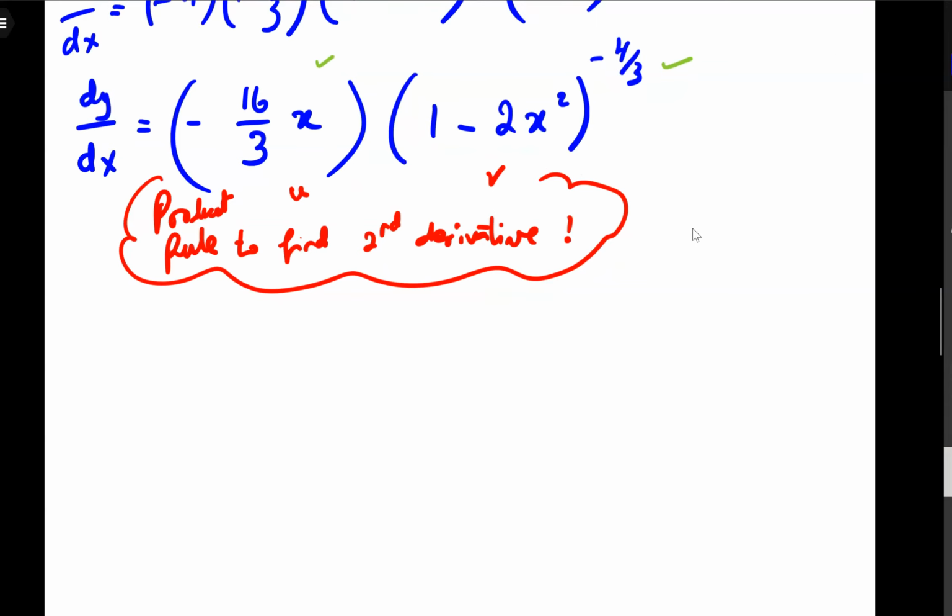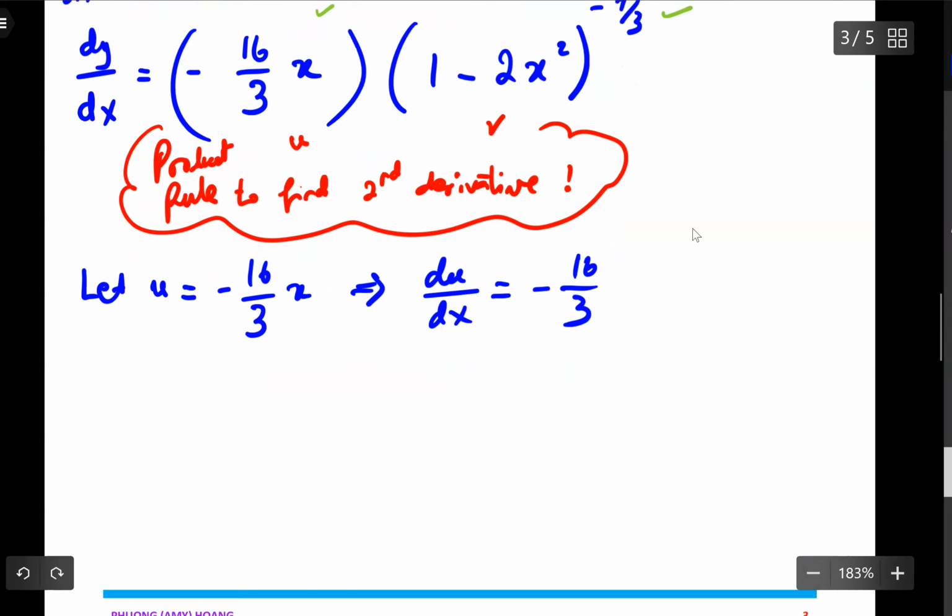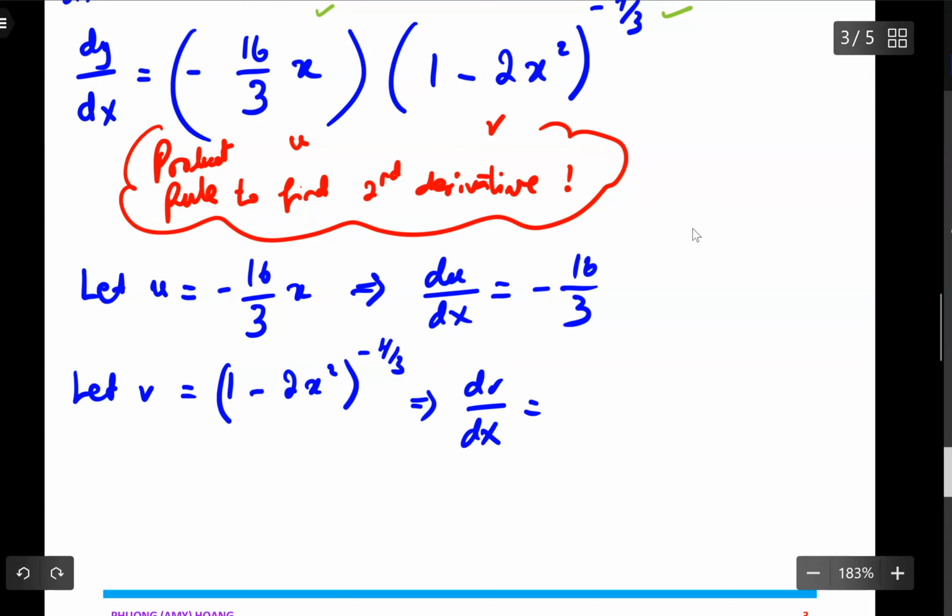So to apply the product rule, I'm going to let u equal to -16 over 3 x. So what I have as du over dx will be -16 over 3. It's just the coefficient in front of x. So I will let v equal to 1 minus 2x squared, all of it raised to the exponent -4/3. Then dv over dx will be equal to -4/3 multiplied by 1 minus 2x squared.